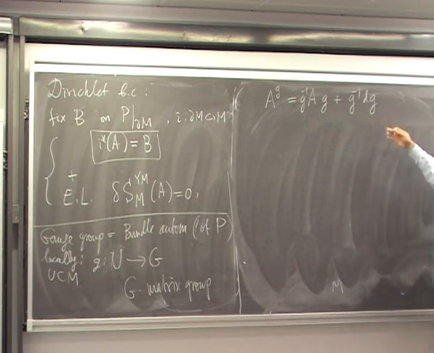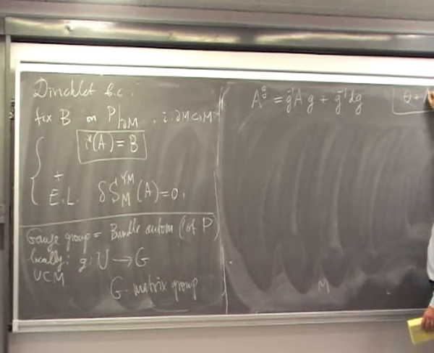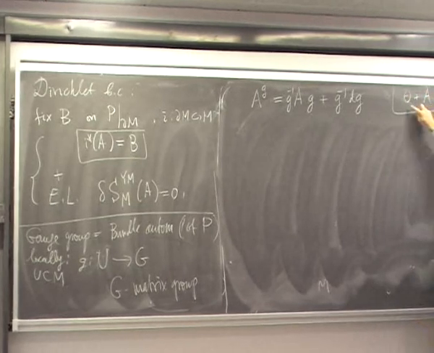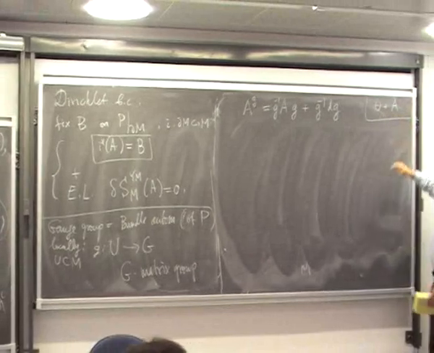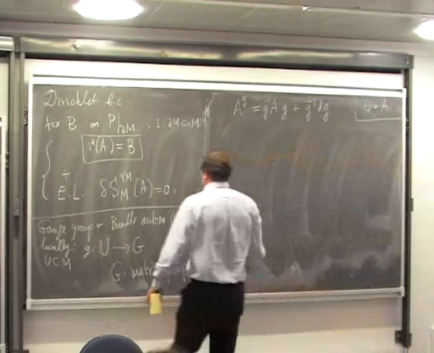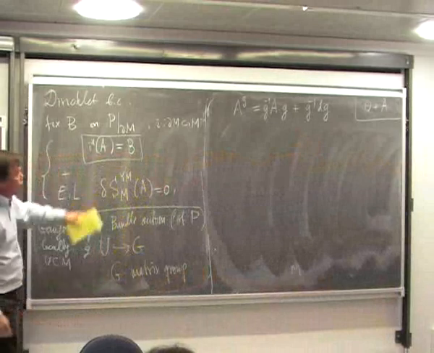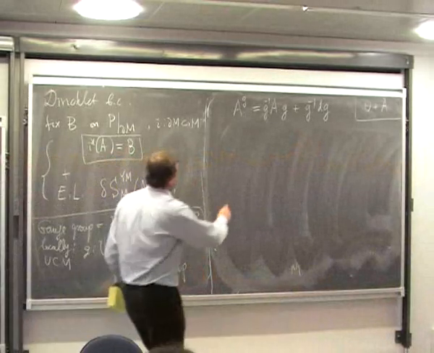And this term comes from the fact that actually the connection is not a one form on M, it's a one form on the bundle, locally of the form theta plus A, where theta is the Maurer-Cartan form on G. So this is how the gauge group acts on connections.